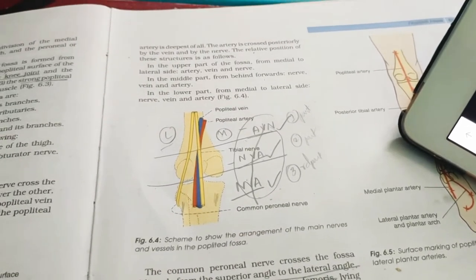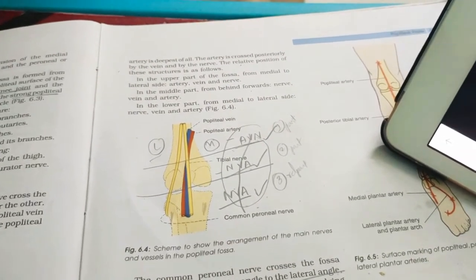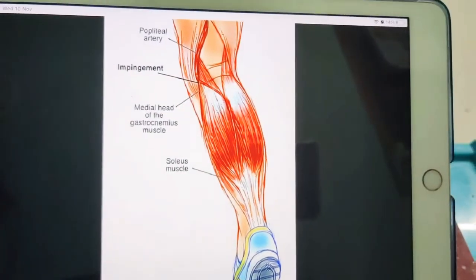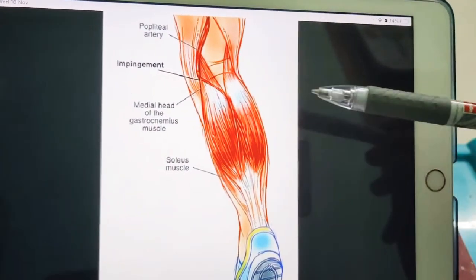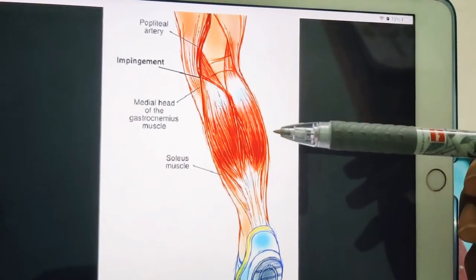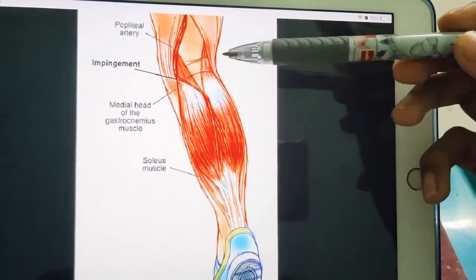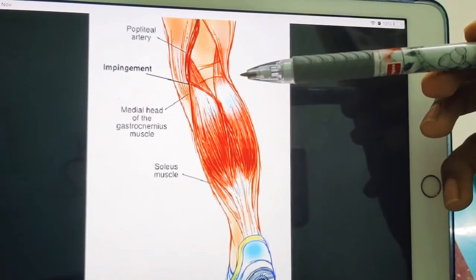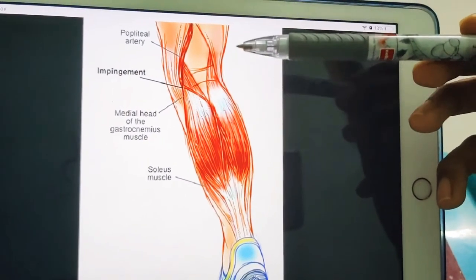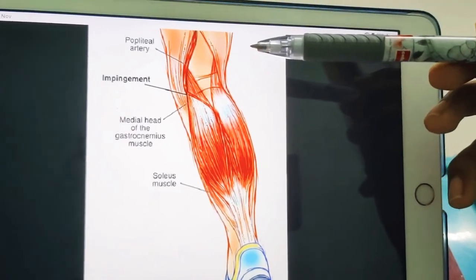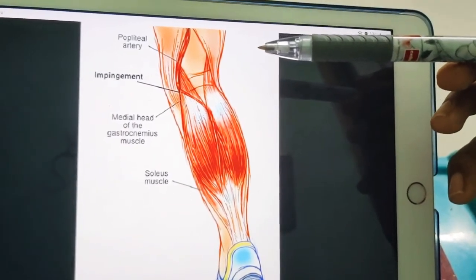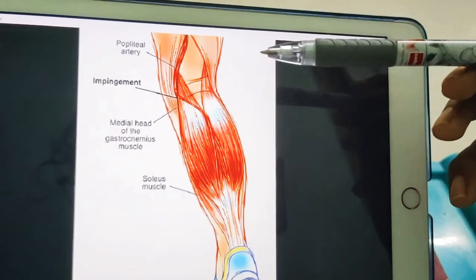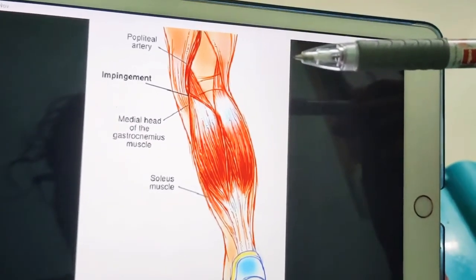Now we will discuss which muscles overlap the popliteal artery. For that we need to see this diagram. The popliteal artery is overlapped by the muscles forming the medial margin of the popliteal fossa. As we discussed before, on the medial side above you have the semitendinosus and semimembranosus, and from below you have the medial head of gastrocnemius.